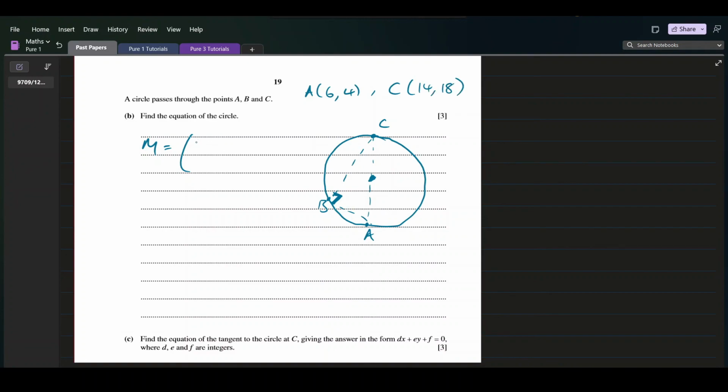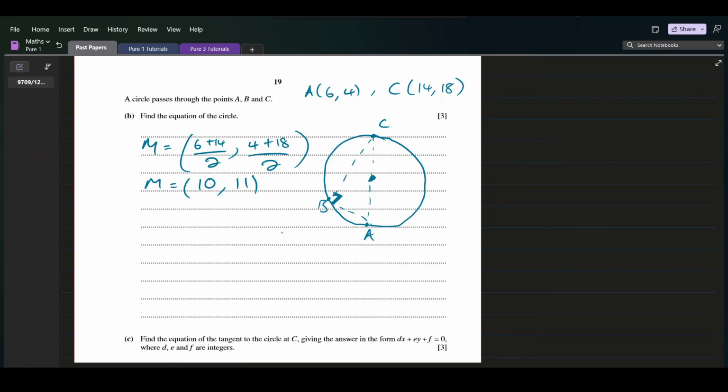So we can say x is 6 plus 14 over 2, and then y would be 4 plus 18 over 2. And so you get m as the coordinates 20 over 2, which is 10, and then 22 over 2, which is 11. So the coordinates of our center are 10, 11.